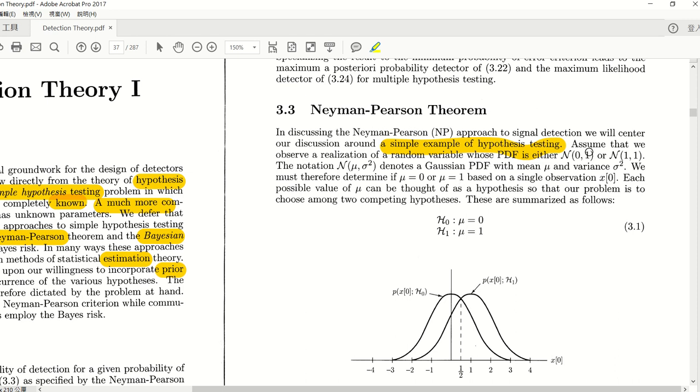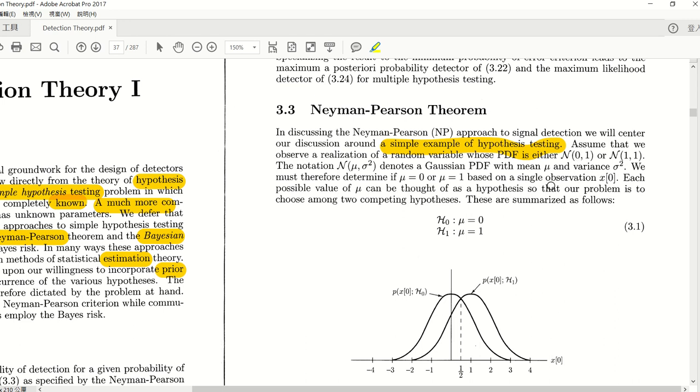Notice that this 1 and 1 is identical, so the variance is not an issue, because there is no difference between the two in terms of variance, but there is a difference in terms of the mean. So we are concerned about the mean.